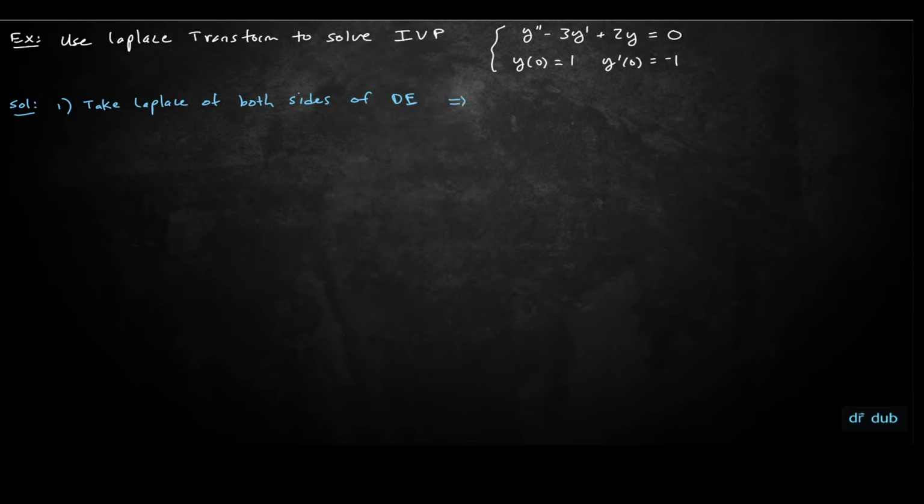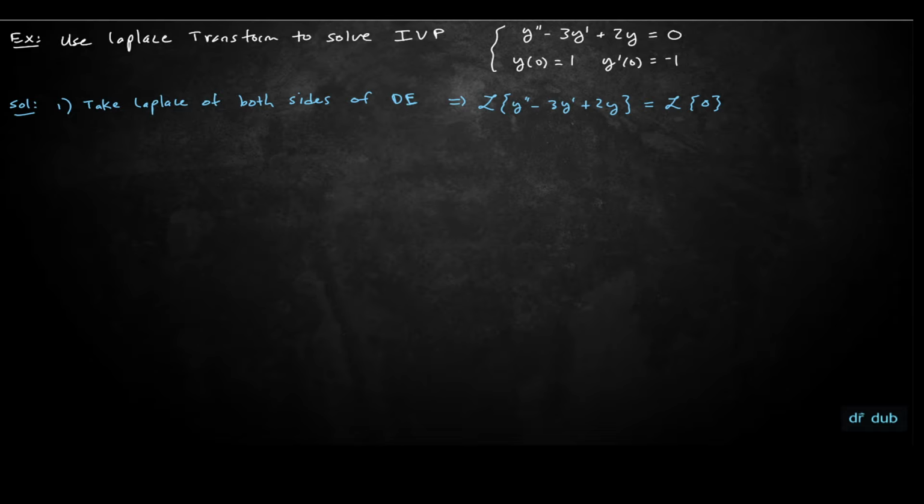So that means Laplace of y double prime minus 3y prime plus 2y equals Laplace of 0. Laplace of 0 is going to be 0 because when you stick 0 into the integral, you'll get 0.